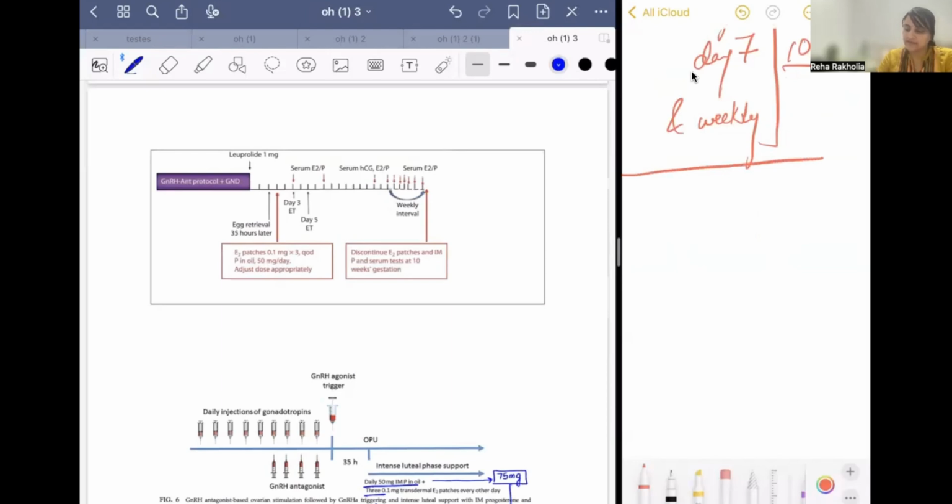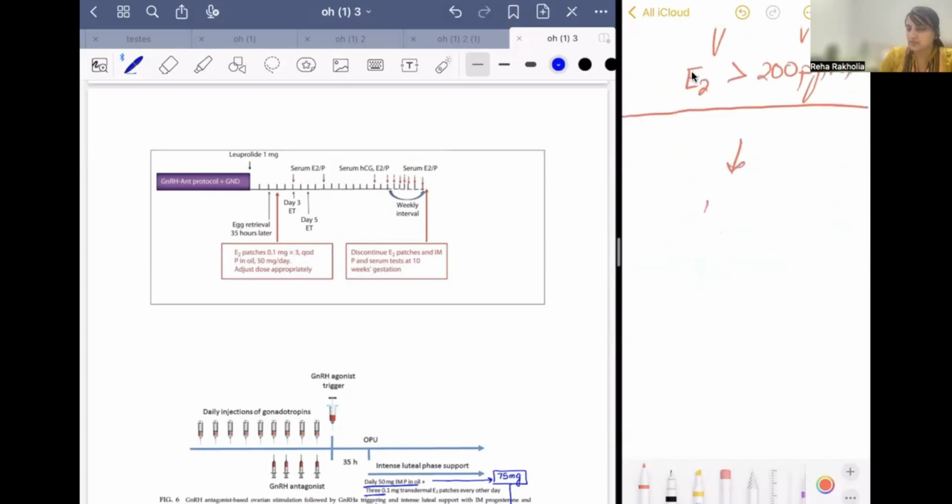The target values for successful implantation and pregnancy maintenance are progesterone level above 20 nanogram per ml and estradiol level above 200 picogram per ml.